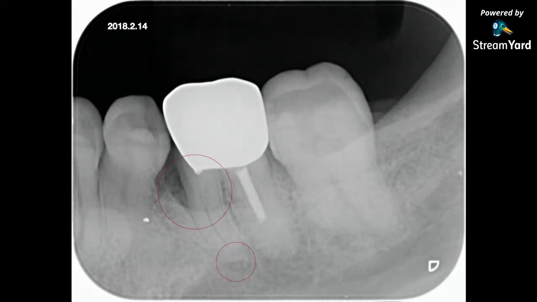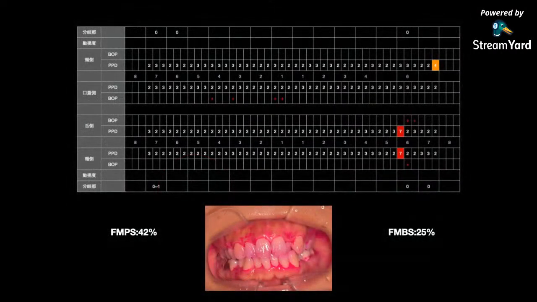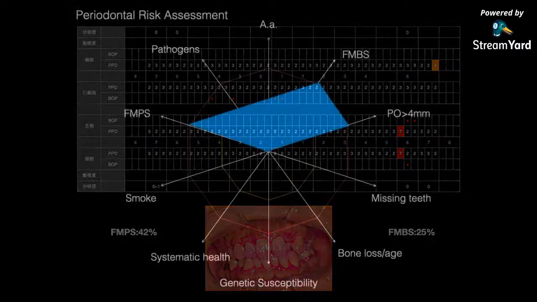I think this is right before they join together, like a true combined lesion. The periodontal pocket was 7 millimeters in the mesial, the full mouth plaque score is 42%, and the full mouth bleeding score is 25%.